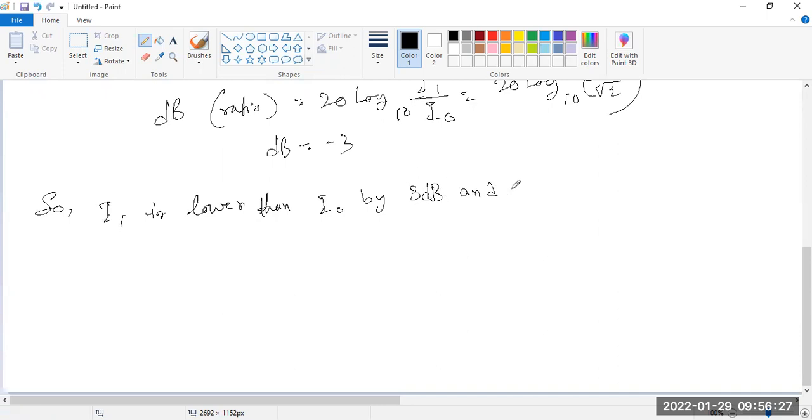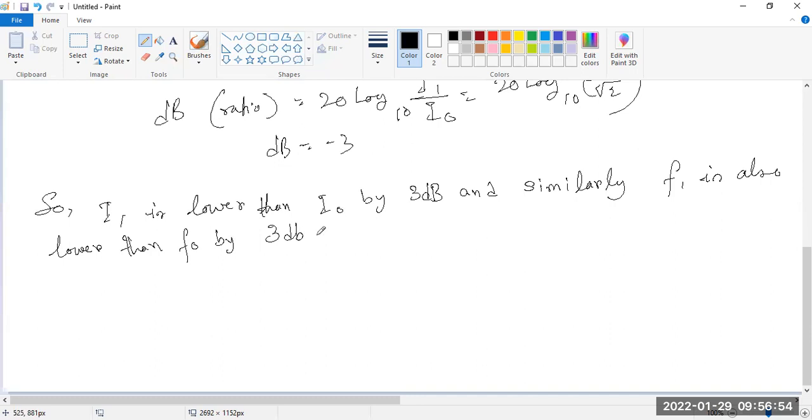And similarly, the current at F2 is also lower than at F0 by 3 dB.